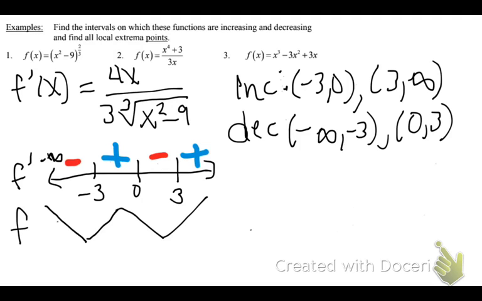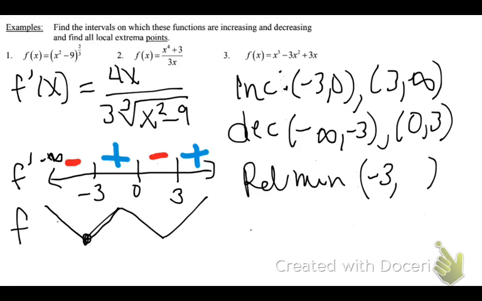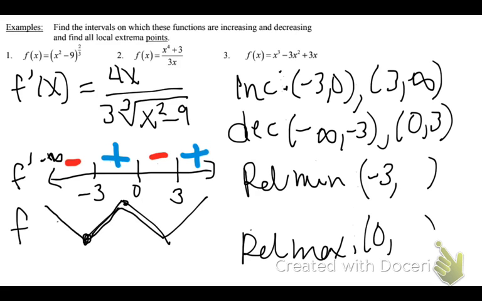So that means that if I'm going from decreasing to increasing, I'm going to have a relative min at, let's see, that will be at negative 3 something, and I have a relative max as I go from increasing to decreasing at 0 something. And then again, decreasing to increasing, we have another relative min at positive 3.